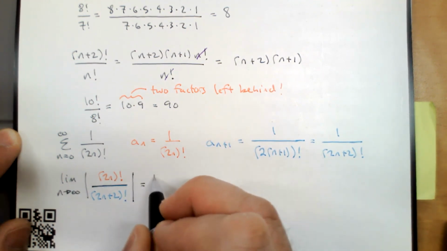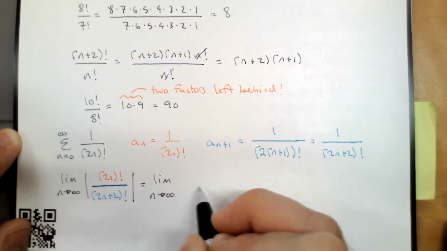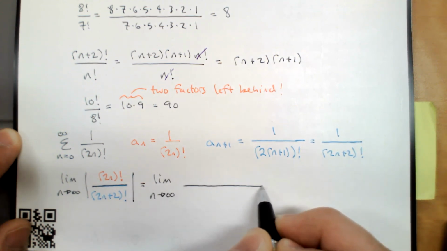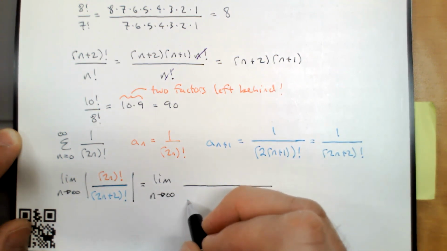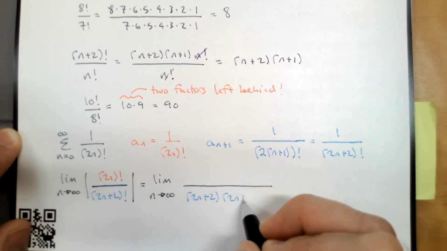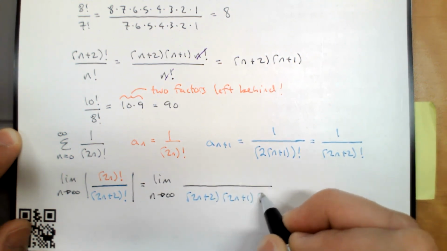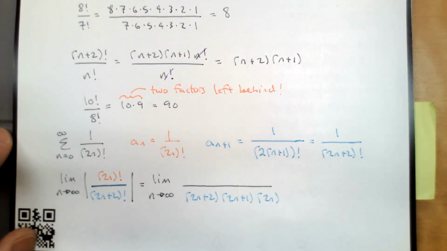So in this case, we write the bigger factorial until we get to the smaller one. So the 2n plus 2 factorial is the bigger one. So we start off 2n plus 2. The next factor is 2n plus 1. And then the next factor after that is 2n, then 2n minus 1, then 2n minus 2.